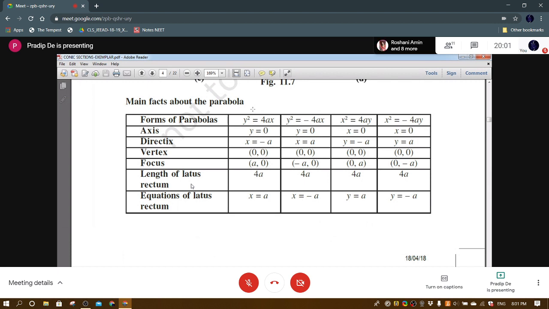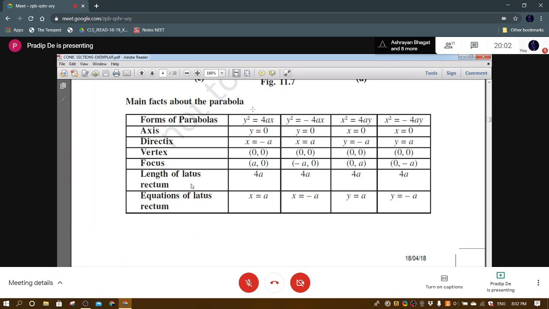Isn't it? That means this curve is symmetric about the x-axis. So the equation will tell you if by replacing y with minus y there is no change in the equation, that means the curve is symmetric about not the y-axis but the x-axis.